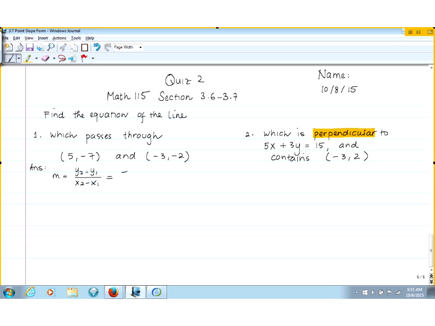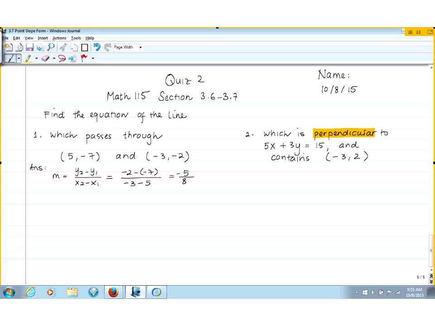So negative 2 minus negative 7, divided by negative 3 minus 5. What is negative 2 plus 7? It's 5, divided by negative 8. So this is negative 5 over 8. Are we done?